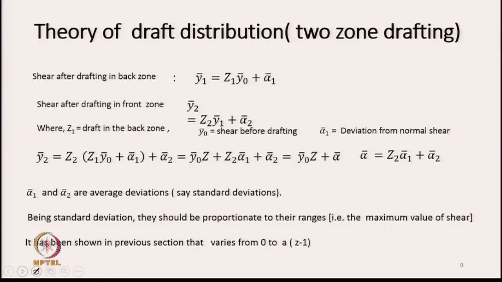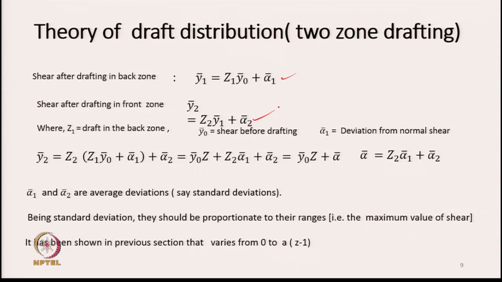Now, there is a simple theory, based on what we have just discussed, so let us understand this distribution theory of draft. Shear after drafting in the back zone, as stated earlier, is going to be Z1 y0 bar plus alpha 1 bar, and shear after drafting in the front zone is represented by the next equations.